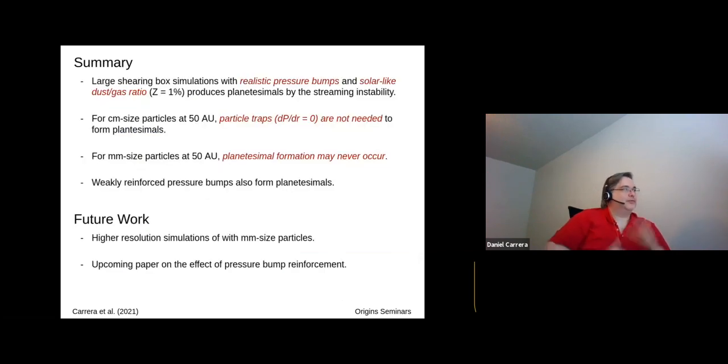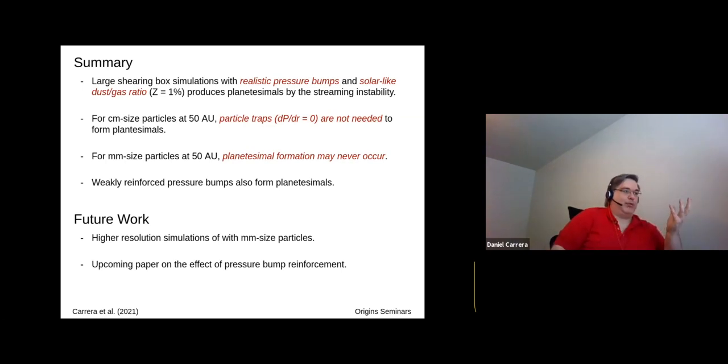So in conclusion, we have good news. We've done simulations with large shearing boxes with a realistic pressure bump based on the ones that we observe, a realistic dust ratio, realistic particle sizes, and we see them produce planetesimals by the streaming instability. So that's great, and that's really interesting.